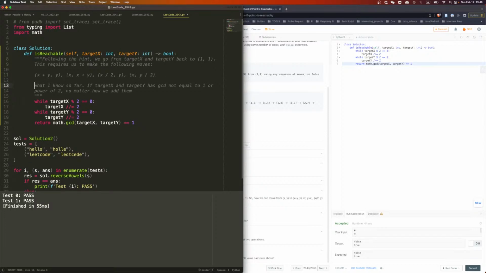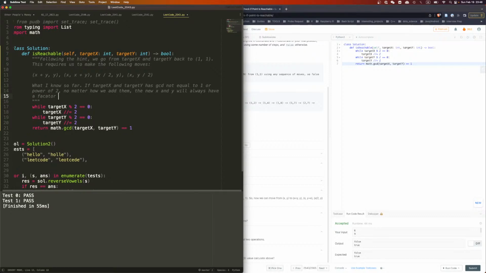If that has GCD not equal to 1, no matter how we add them, the new x and y will always have a factor not divisible by 2. This means we can never reach 1 by division.